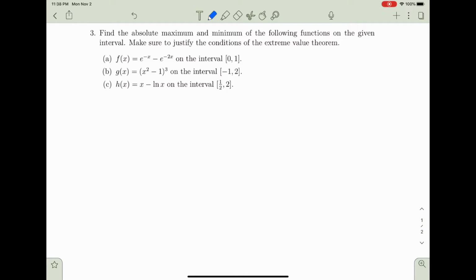Before we go over each of these questions, let's review what the extreme value theorem is.